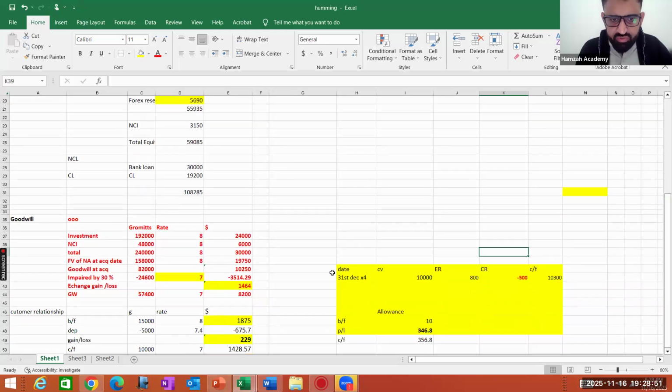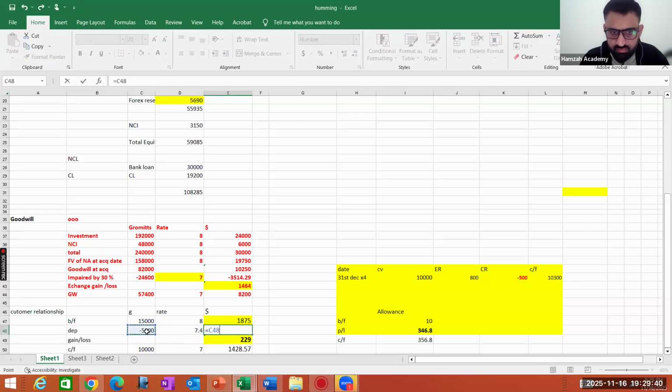At the date of acquisition, the customer contract has 1875, and 657 is the amortization, then 229, they have the exchange gain, and the closing value of the asset was 1428.